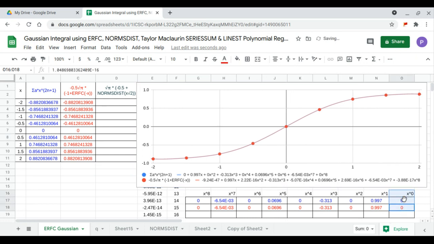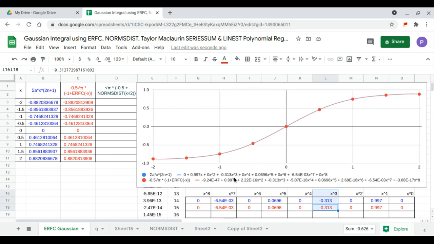X to the 0 is 0. Here, negative 9.424 times 10 to the minus 47. That's already 0. The coefficient of x is 0.997. Coefficient of x squared is 0. So here, the x squared is 2.22 times 10 to the minus 16. That's also 0.